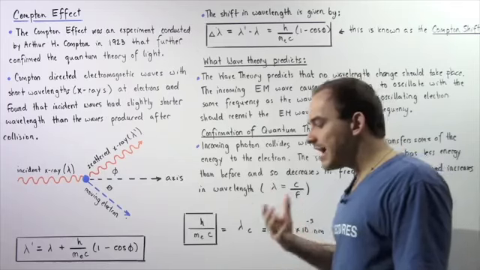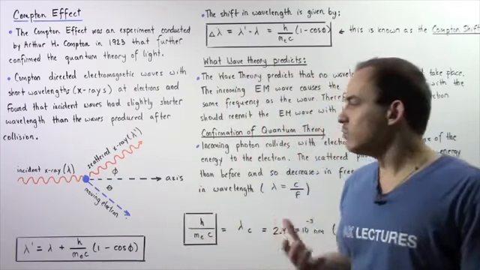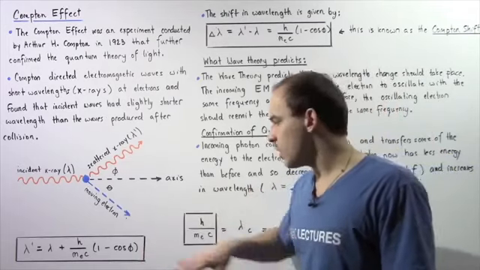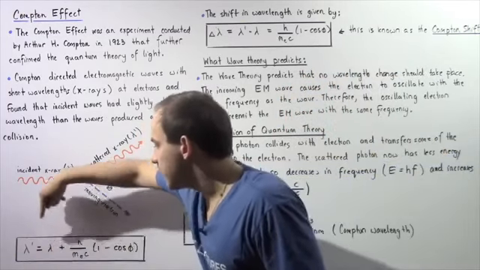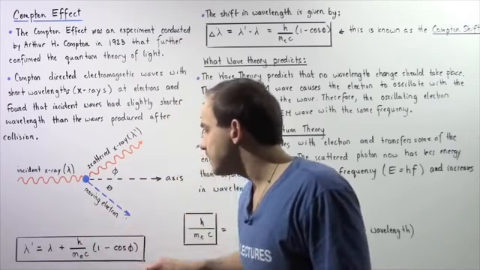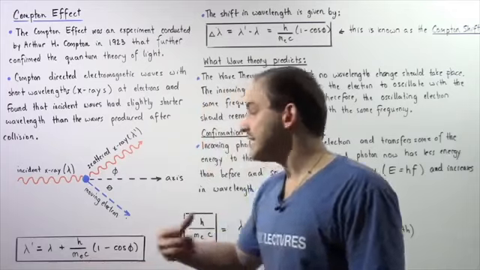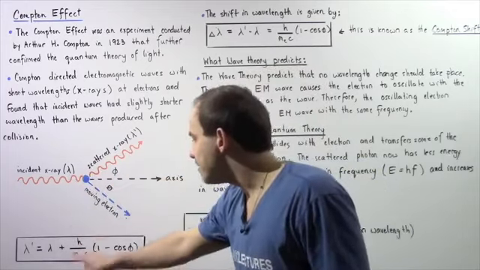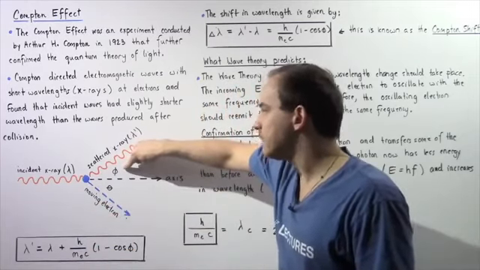Using the conservation of momentum and the conservation of energy, he was able to derive the following equation, which we're going to derive in a future lecture. Lambda prime is equal to lambda plus h divided by m_e, the mass of the electron, multiplied by c, the speed of light, where h is Planck's constant, and this is multiplied by 1 minus cosine of the angle phi.